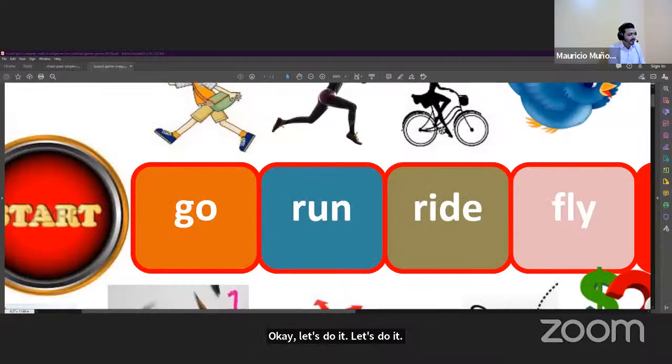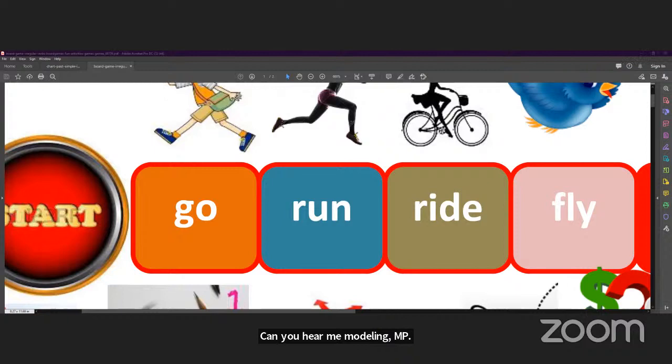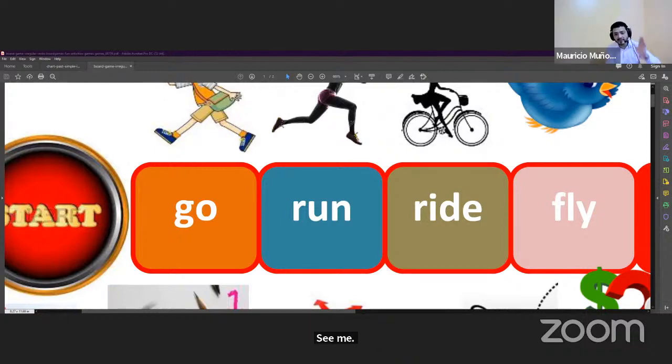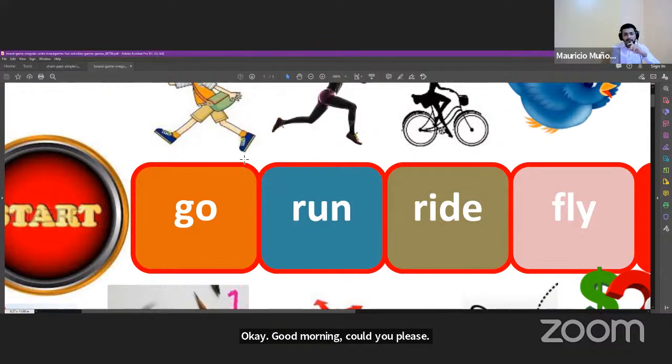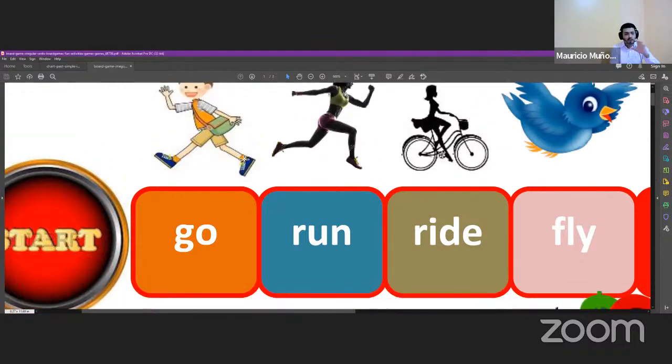Okay, student number 1. Madeline M. Pinto. Can you hear me? Sí, Mr. Díaz. Okay, good morning. Could you please pronounce these verbs in present?